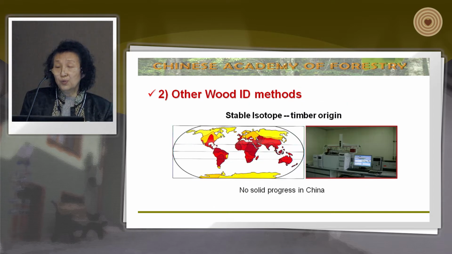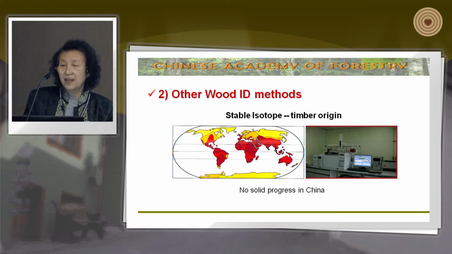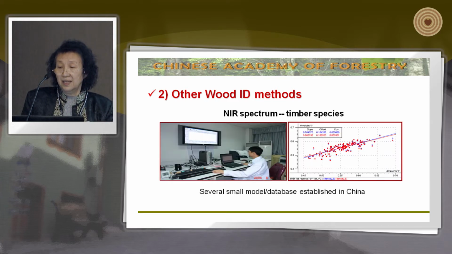Another wood ID method should be developed, for example stable isotope. In our country there is no solid progress, but in Germany and other countries it has been done. Another new method is NIR spectroscopy, so we can find the timber species and origin. Several small models and databases have been established in our academy.